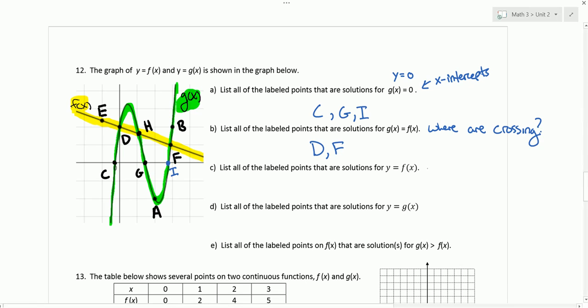This is just saying, list all the points on the line. So that's point E, D, H, and F.